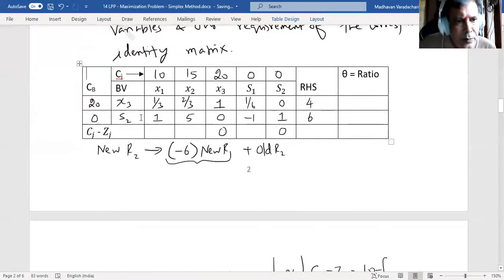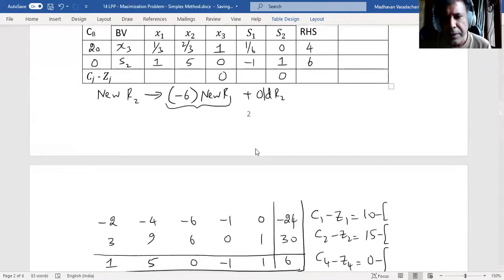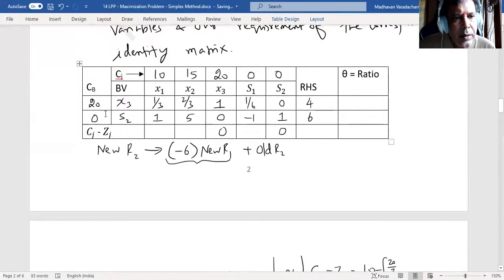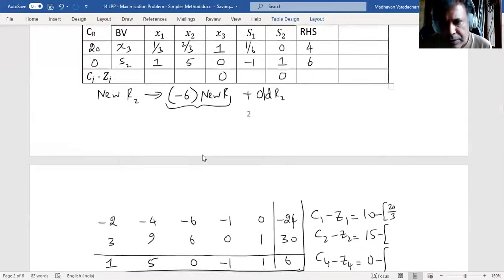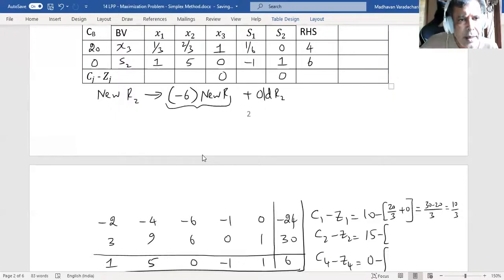Z1 is 20 into 1 by 3, which is 20 by 3. And then 0 into 1. So plus 0. This LCM will be 3. So 3 into 10 is 30. 30 minus 20. So it becomes 10 by 3. So I can write here 10 by 3.